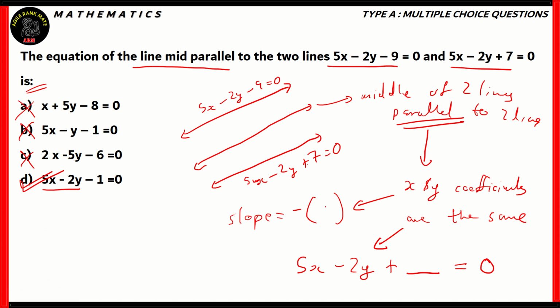So negative of a over b, where a is the x coefficient and b is the y coefficient. Now the x coefficient is plus 5 and the y coefficient is minus 2. So this is what the slope should look like, and therefore the only option that has the same slope is option D, 5x minus 2y minus 1 equals 0. So since it should have the same slope, it should have the same x and y coefficients. So option D turns out to be the right option.